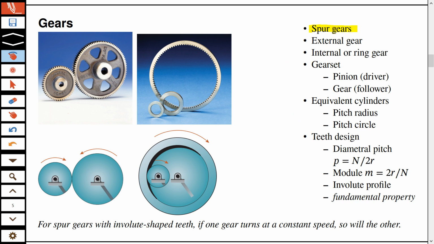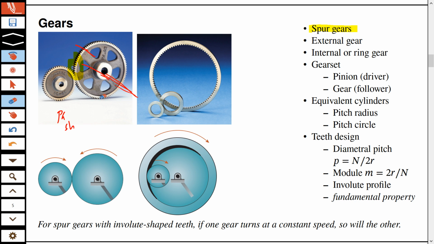I don't know why they are called spur gears, but what is special about them is that these teeth are parallel to the shaft. So of course these gears will be connected to a shaft. So if the shaft is in this direction, these teeth are also in this direction. So that's why they are called spur gears. And this is typically what you see in diagrams.